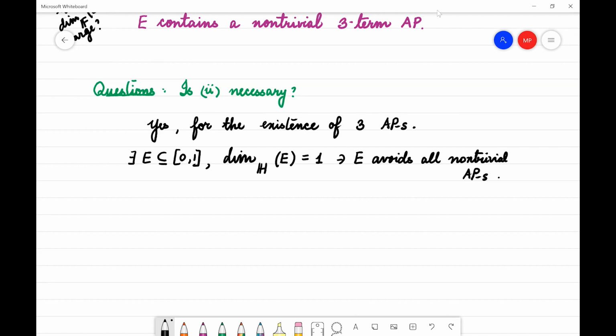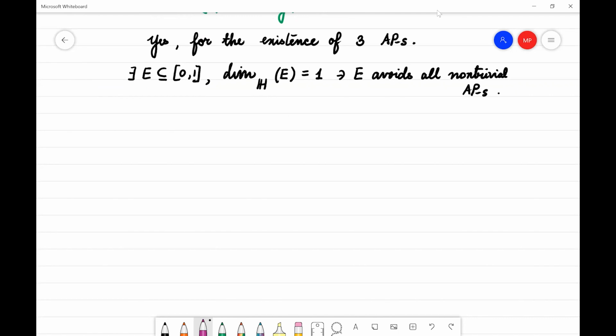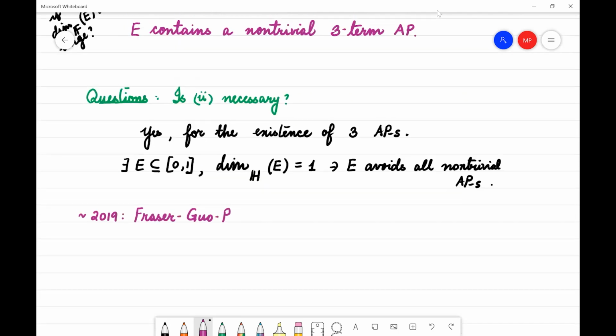So this was known. But then over the years, jointly with Vincent Chan, Kevin Ford, and others, we started looking at other patterns, and it wasn't clear to what extent this was necessary. So around 2019, jointly with Rob Fraser and Xiaoming Guo, we proved a Sarkozy type theorem of a similar flavor.